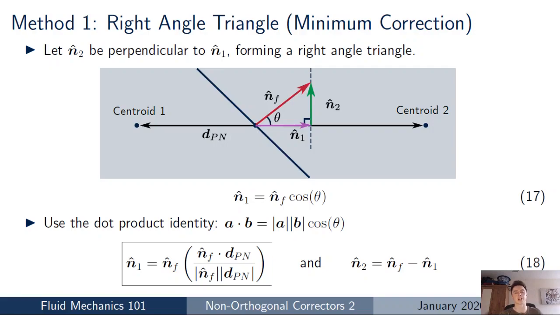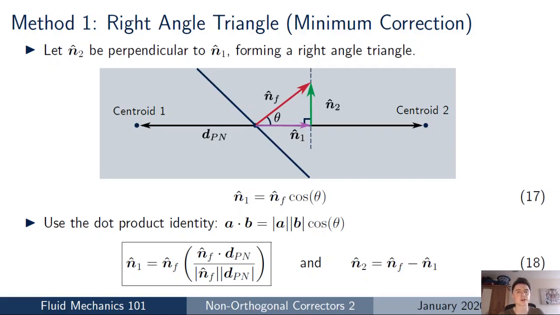So if we look at the diagram there, because we've got a right angle triangle, we can just say that the vector n1 is going to be nf multiplied by cosine of theta, where theta is that angle there. In order to replace cosine theta, we can use the dot product identity, which I've put there for two general vectors, a dot b. The way I derive these is I get cosine theta and then replace it using the dot product identity.